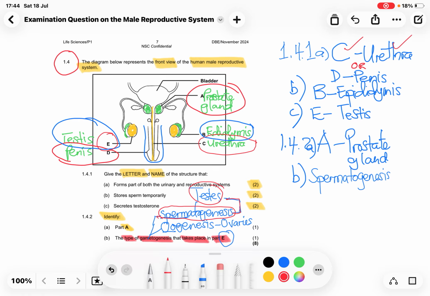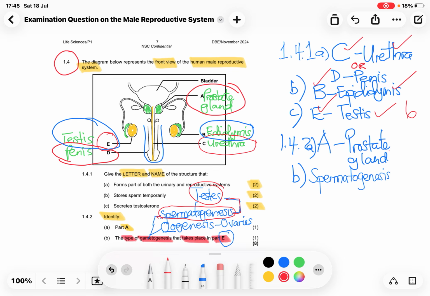Then part B was about part B on our diagram, which is the epididymis. And then part C, the one that's secreting testosterone, is part E, which is the testis, and that's our 6 marks.